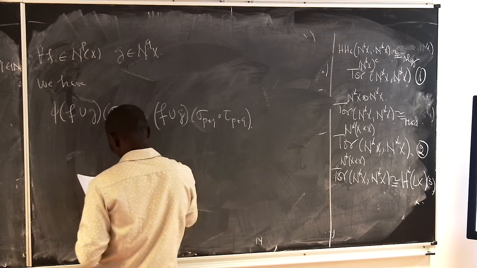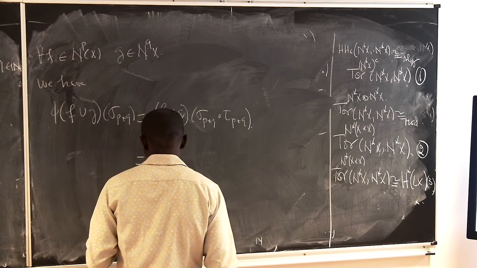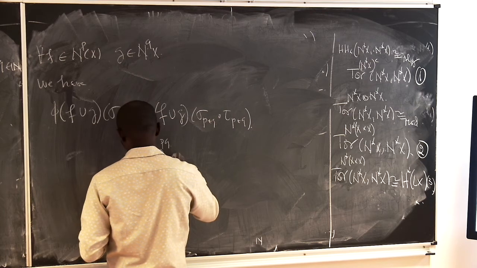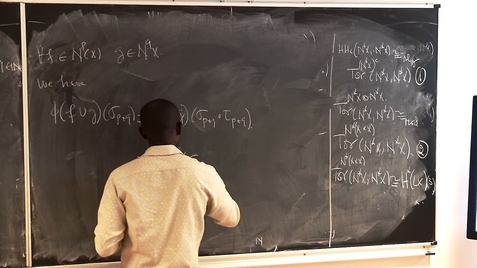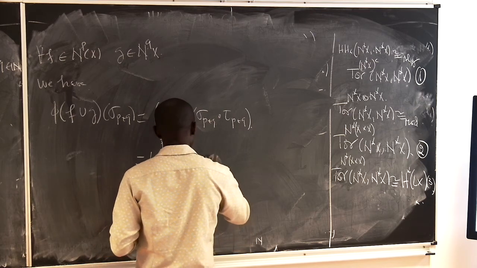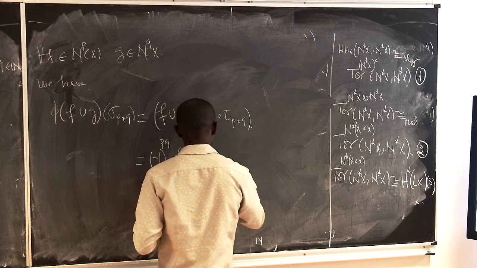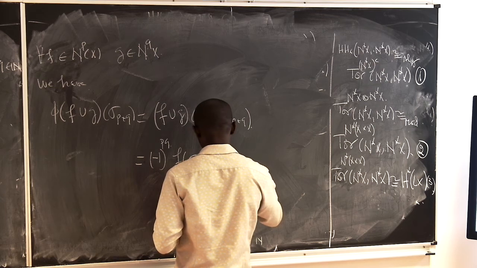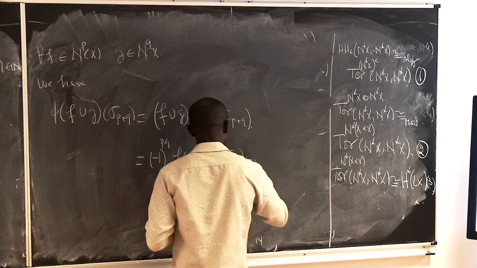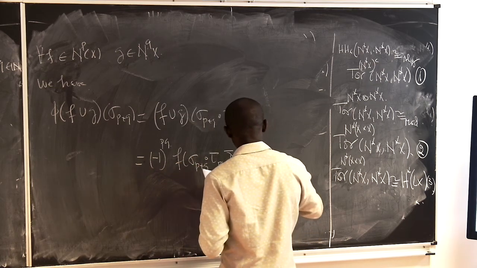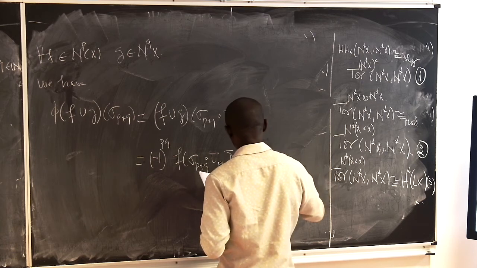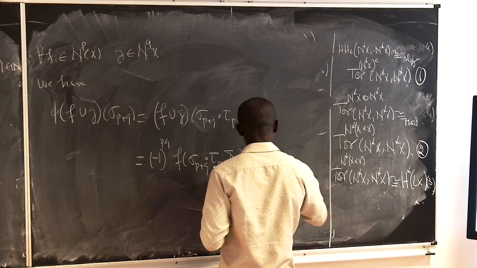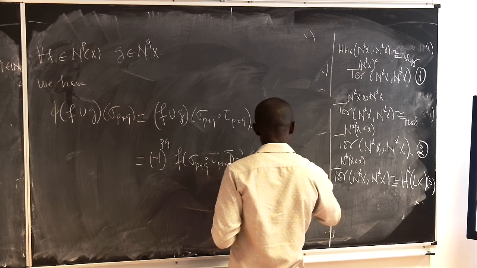Is equal to (-1)^{pq} f of sigma p plus q composite by 2 p plus q lambda bar p, product with g of sigma p plus q composite by 2 p plus q lambda child q.